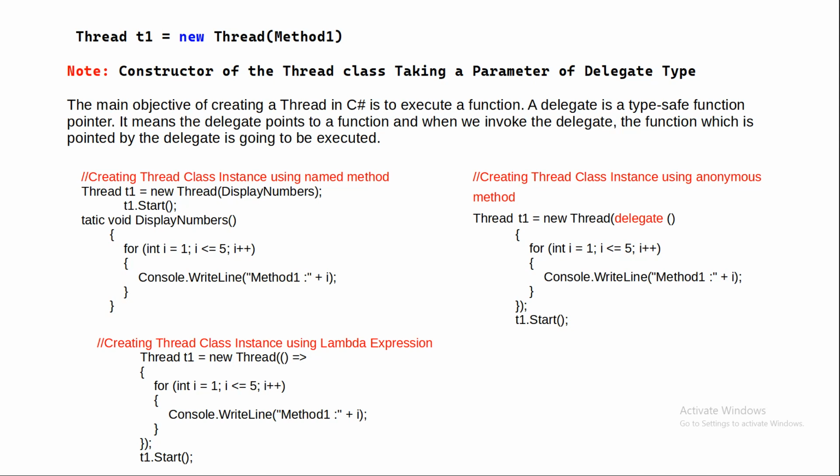So whenever you use delegates, you can have your own explicit method to kickstart, you can have an anonymous method by using the delegate keyword, and you can have a lambda expression where you don't mention the method name at all. It's very important, guys.